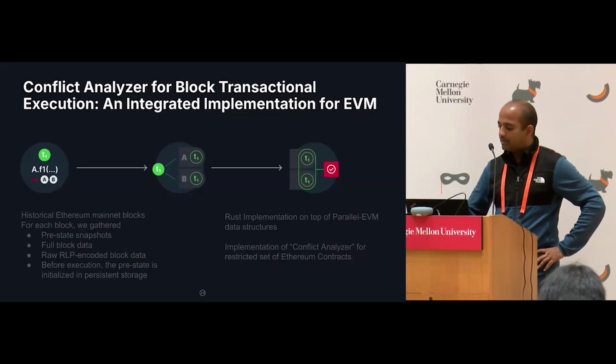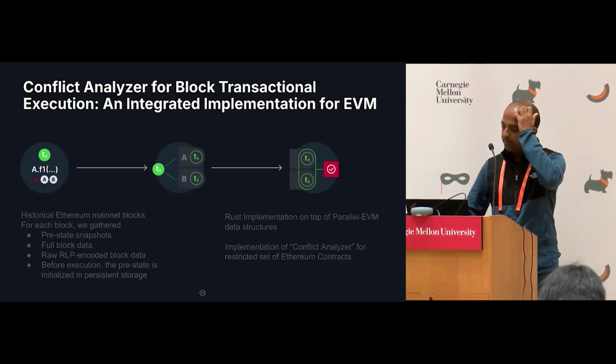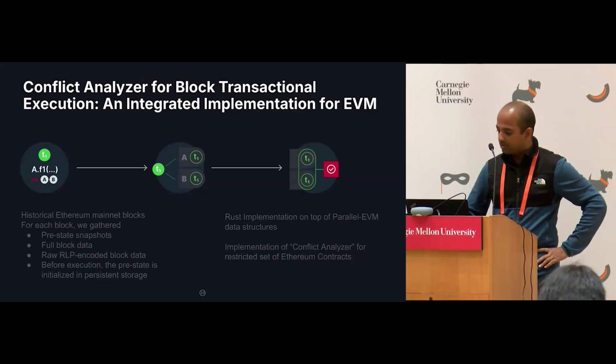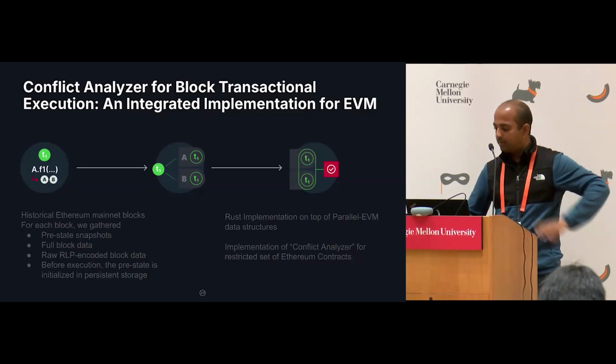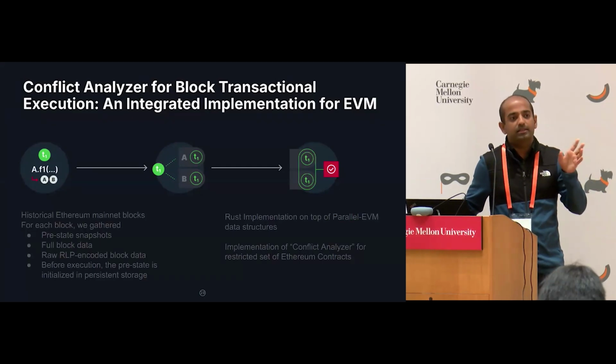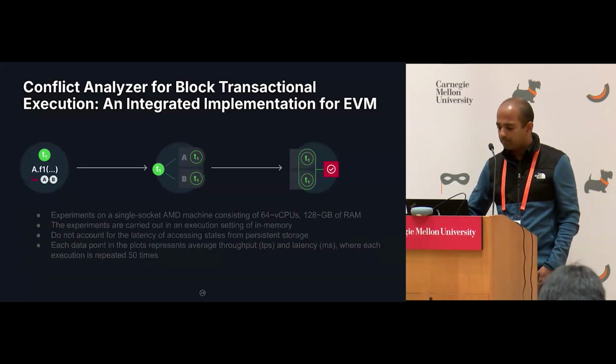We built this as a Rust implementation on top of the parallel EVM chain data structures, and a custom implementation of a conflict analyzer with a restricted set of Ethereum contracts in mind.